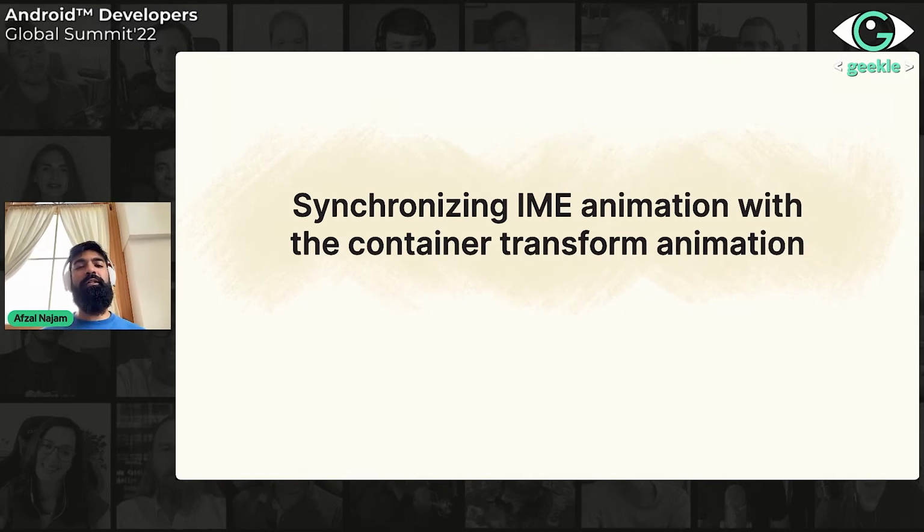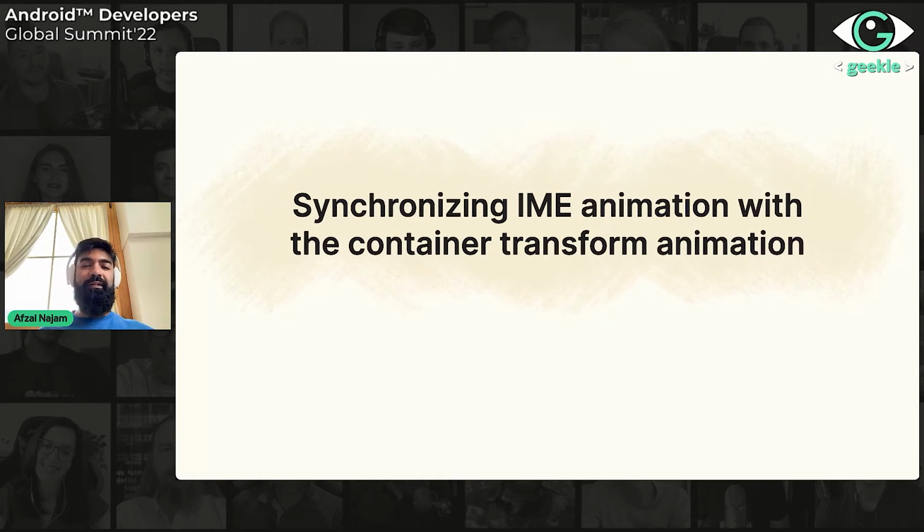Instead, I used just the enter transition, and we postponed the fragment enter transitions in the beginning. When the keyboard was about to show up, we start the postponed transition. We set the bottom padding and we start the animation. That way, when the animation starts, the container is positioned correctly.